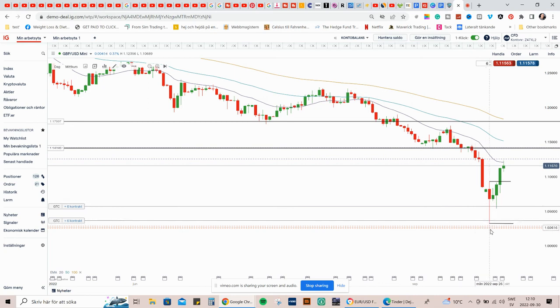For the first buy limit order, you can see my setup here: this is my entry at this wick, and this is my take profit level and stop loss level.